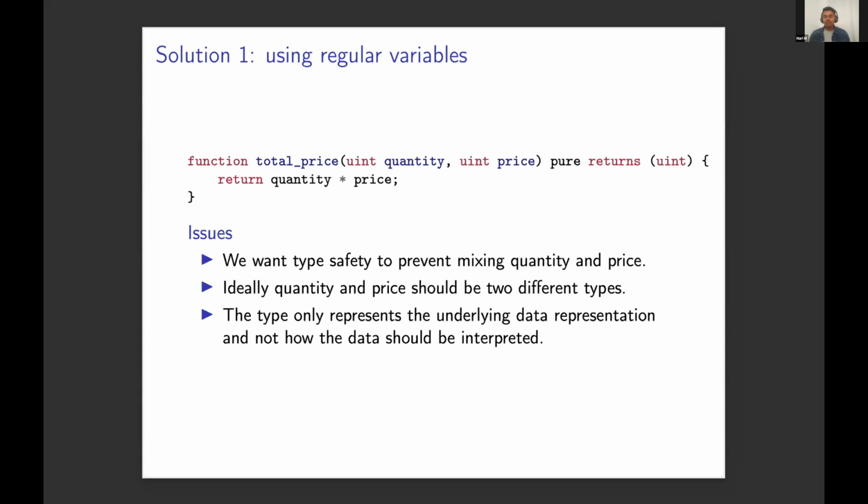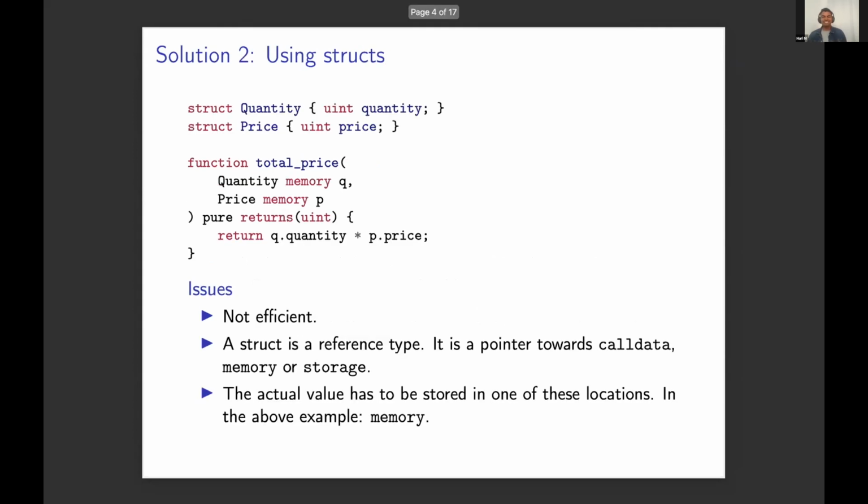But we already have a solution for this in the language. Let's look at another solution. So next, solution number 2 is just using structs. So we have two structs here, quantity and price. They both have a single element.